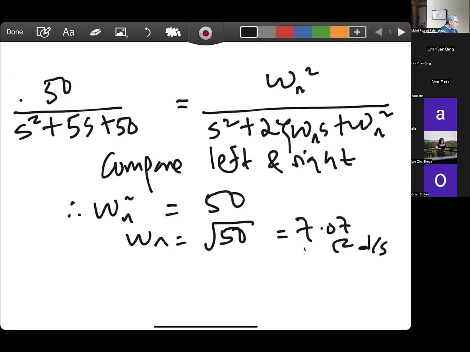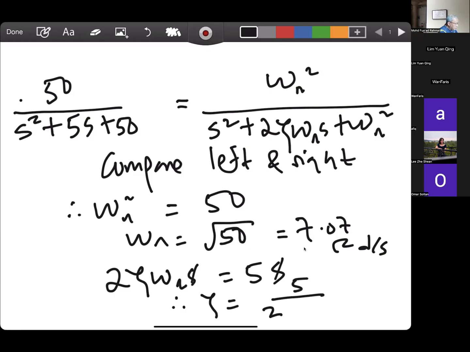And then find zeta, which is 2 zeta omega n s plus 5s. You compare, and you will get the zeta value, which is 5 over 2 multiplied by omega n, 7.07, which will give you 0.354.